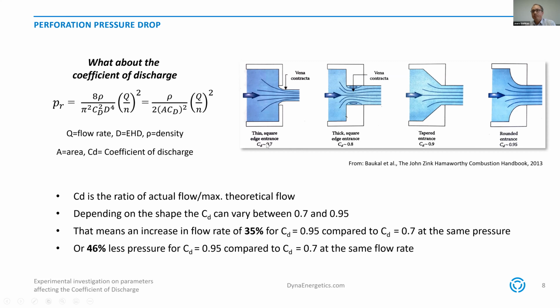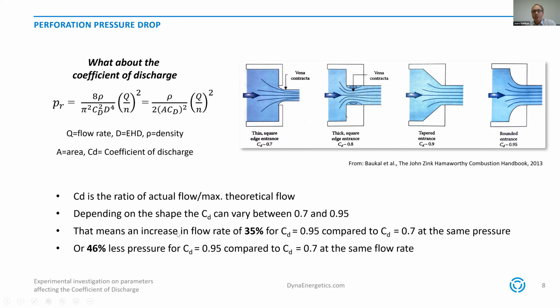This coefficient of discharge depends on the geometry of your hole. So as soon as you increase the thickness, for example, this coefficient of discharge will increase from 0.7 in this example to 0.8. Also, if you taper your entrance, it will go up to 0.9. And if you have a nicely rounded entrance, it can be as high as 0.95. You can see by that there's a huge variety of values which might be right for a perforation hole. What that means for your flow rate or for your pressure, I want to illustrate on two small examples.